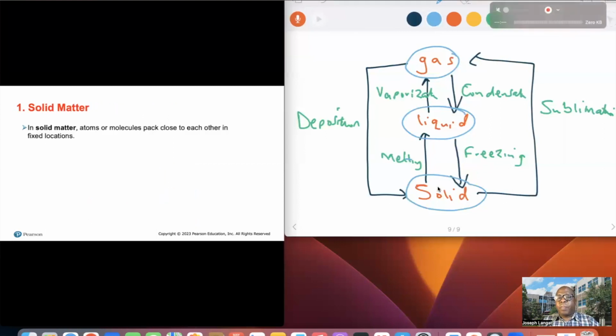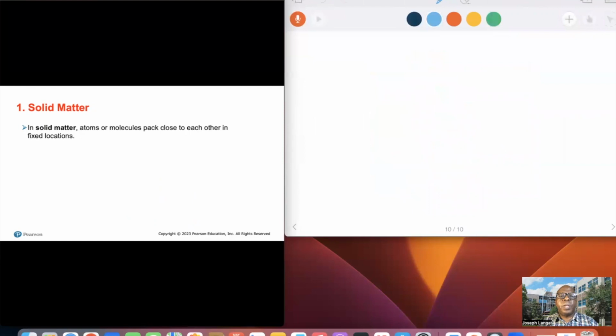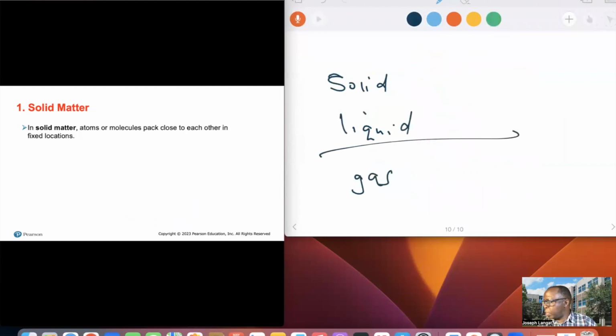Let's start from solid matter. In order to briefly differentiate the properties, I'll write here: solid, liquid, and gas.